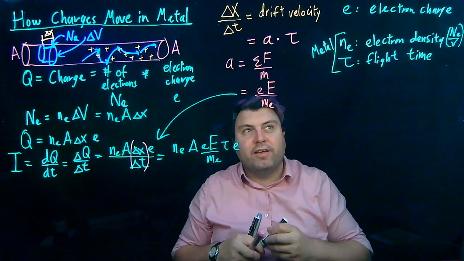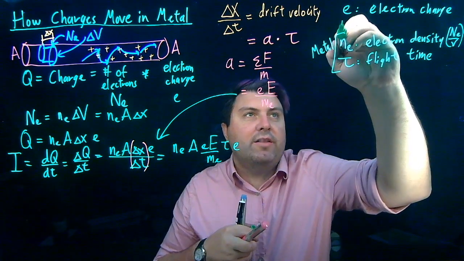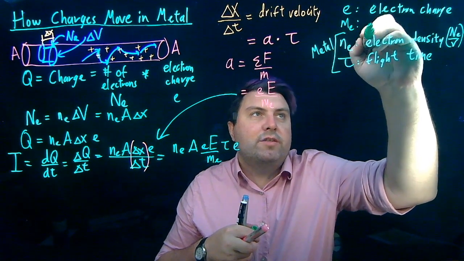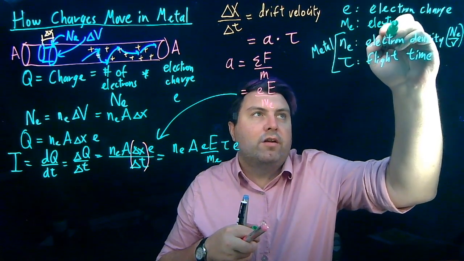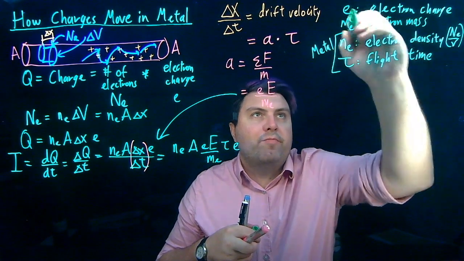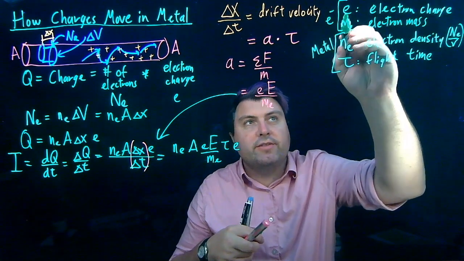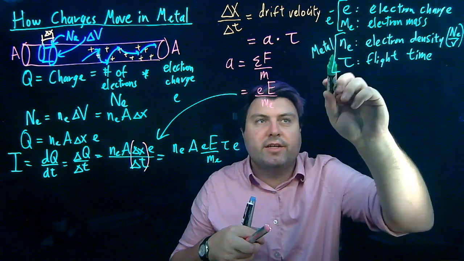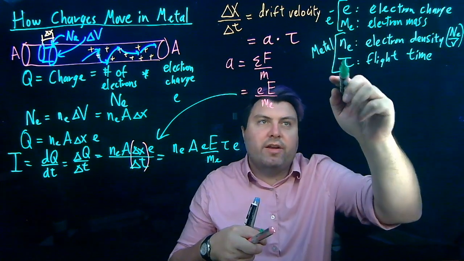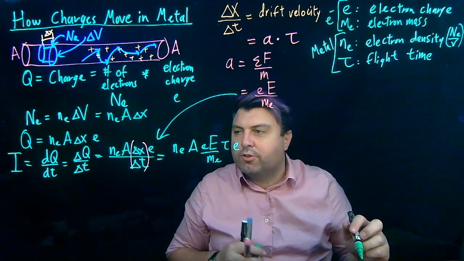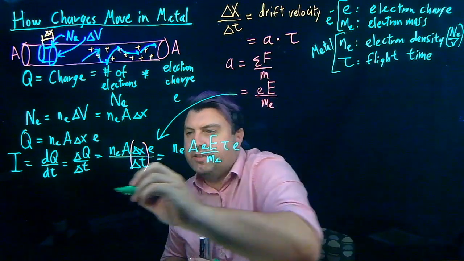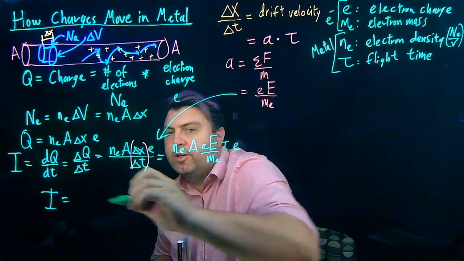This is really ugly. One last little update. This M sub E is the electron mass. So every single electron has the same charge, the same mass. Any metal that we choose has a known N sub E and known tau. So we want to take a look at this and bring it a little bit nicer.